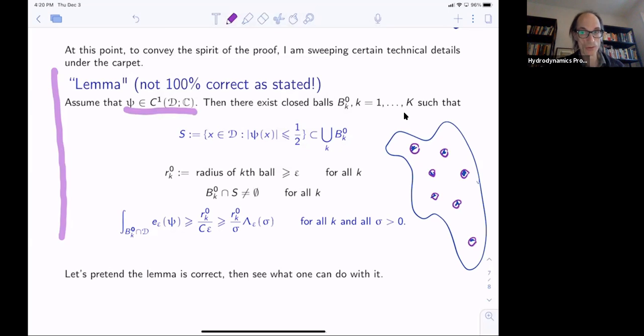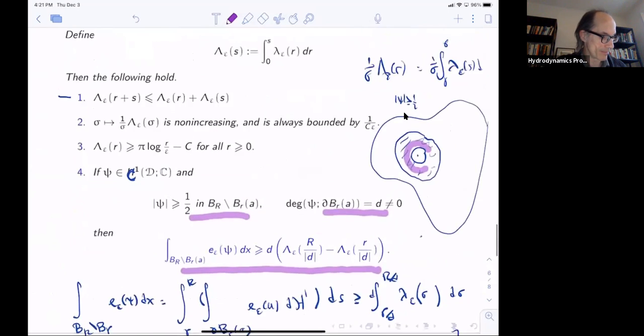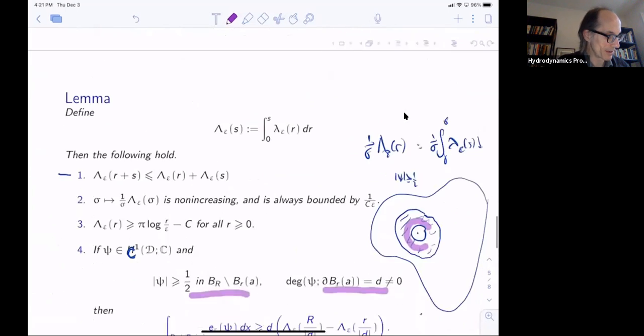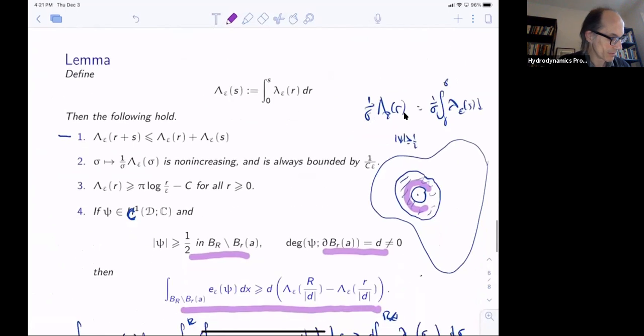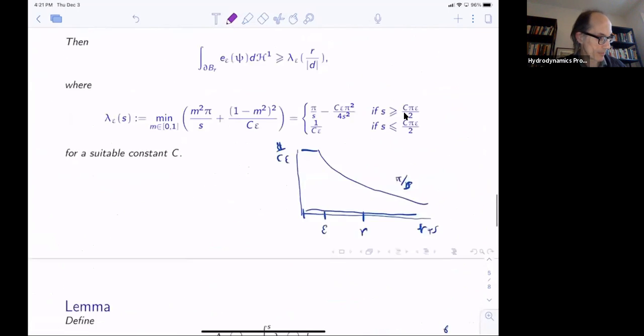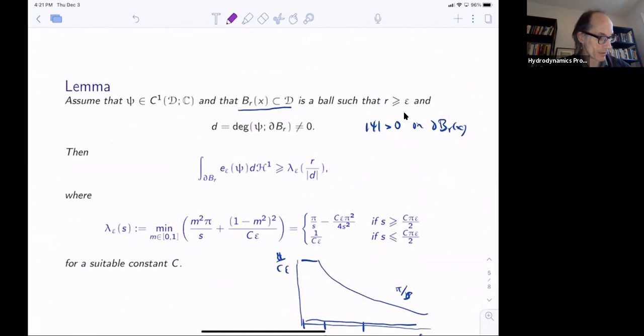And not too small, because in my previous lemma up here I needed, and here I should have said, if little r is bigger than epsilon, since in the previous lemma, I needed to assume that little r was bigger than epsilon. So I don't like balls that are too small.